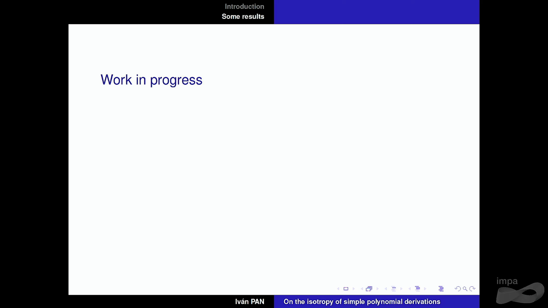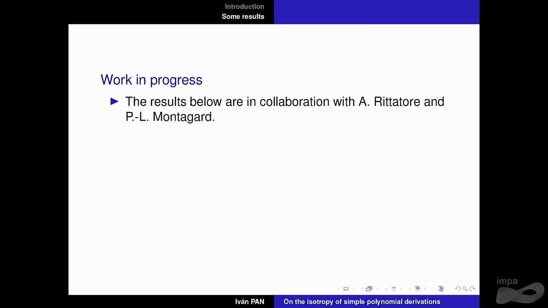Now, the results I will be talking about are part of a work in progress in collaboration with Álvaro Ritatore and Pierre-Louis Montagard. Assume that D is simple now, and so on.